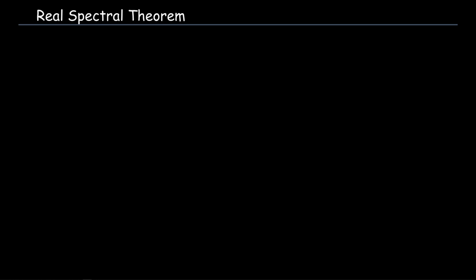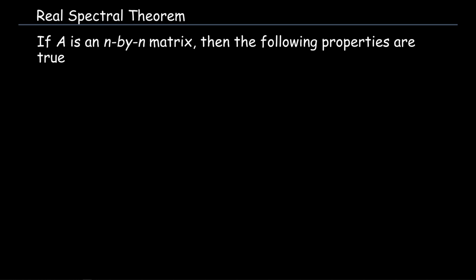What the real spectrum theorem is telling us is that if we have an n by n matrix, I forgot to mention, if we have an n by n matrix that's symmetrical, then the following properties are true. The first one is that A is diagonalizable, which we discussed on the last slide.